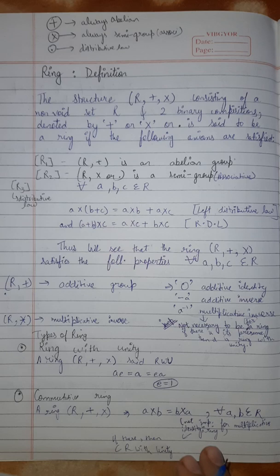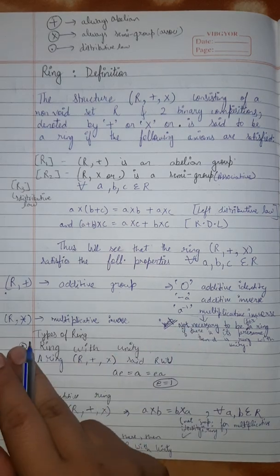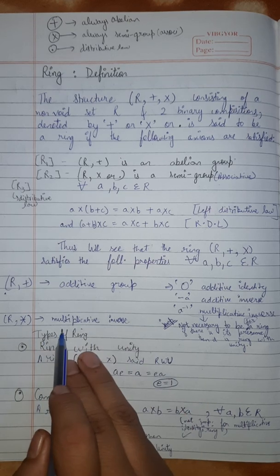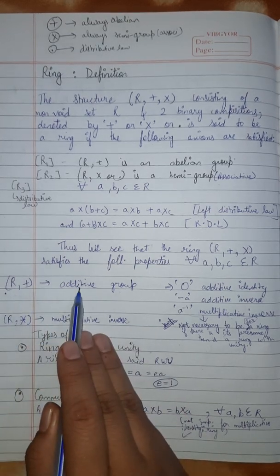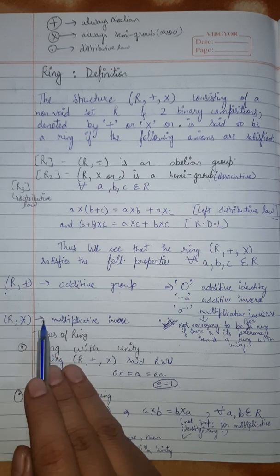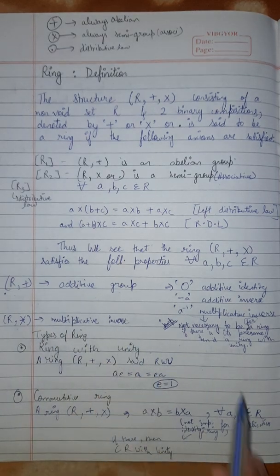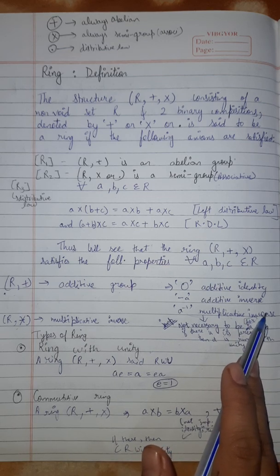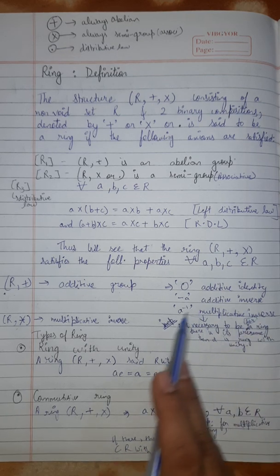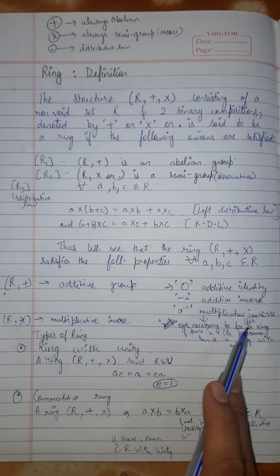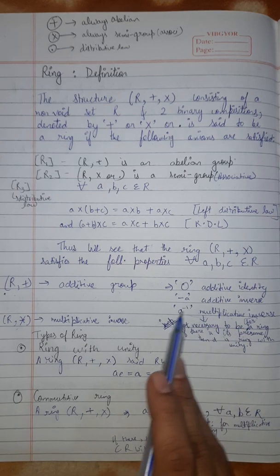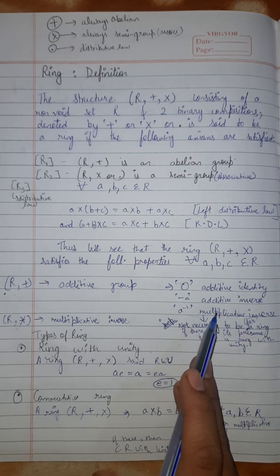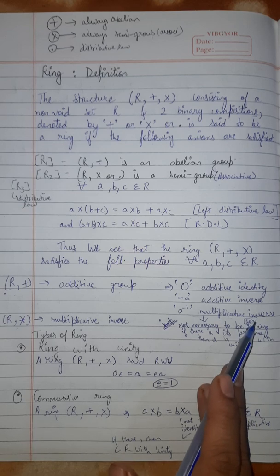In R addition we have an additive inverse, and in R multiplication we have a multiplicative inverse. a inverse is the multiplicative inverse. For a ring it is not necessary to have a multiplicative inverse, but in case it is there, then it is a special type of ring which is called a ring with unity.